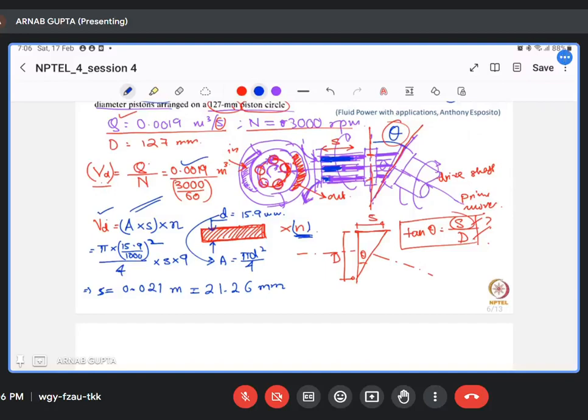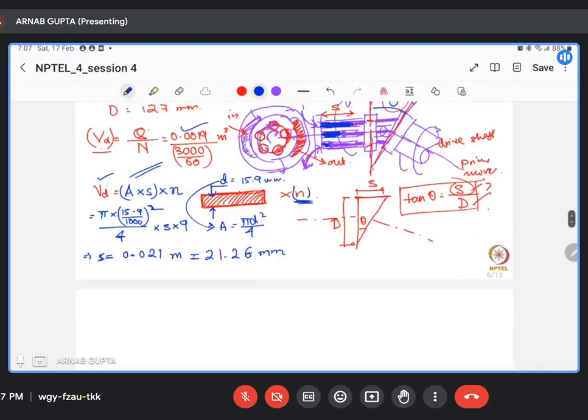So 0.0019 divided by 3000 by 60. That's okay. Oh, it's correct. Okay, so it's 21.26 mm only.